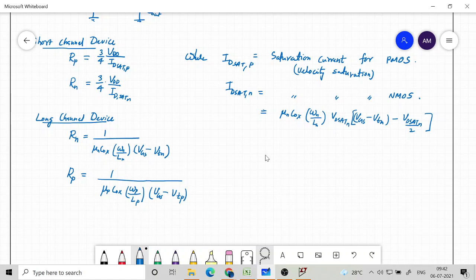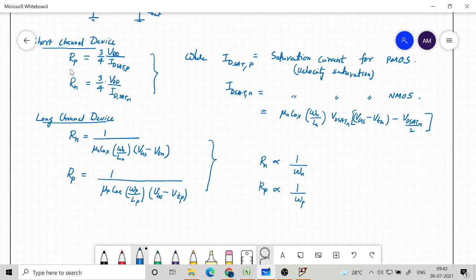But the point to be noted here is that if you take any of these expressions, one thing is common: Rn, for example, is inversely proportional to Wn. Rp is inversely proportional to Wp. So this is the most important takeaway point.